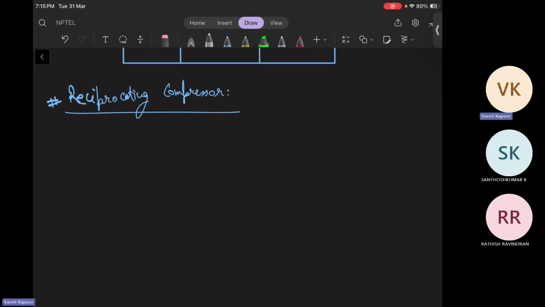But the volume delivered is very less, and there is a problem of intermittent supply and poor efficiencies. Let me write point by point. They are used to produce very high pressure.